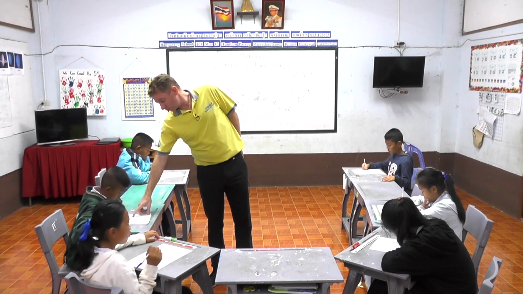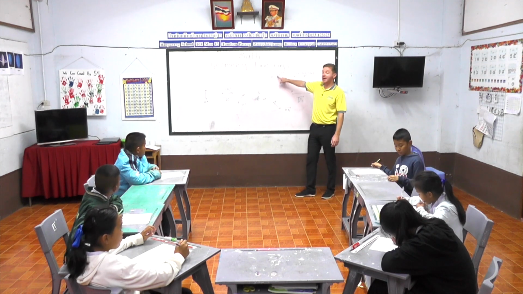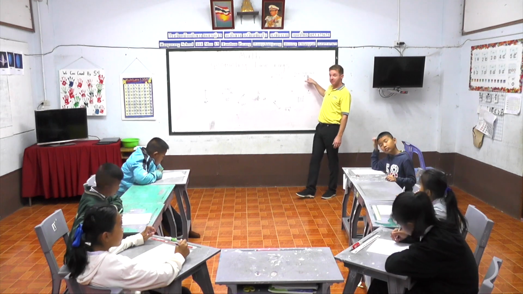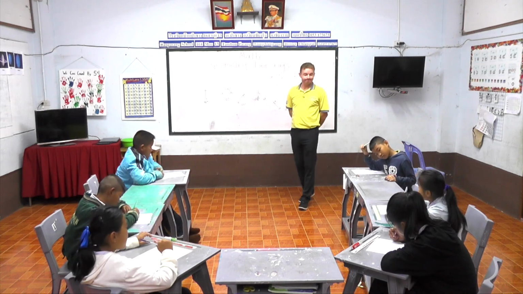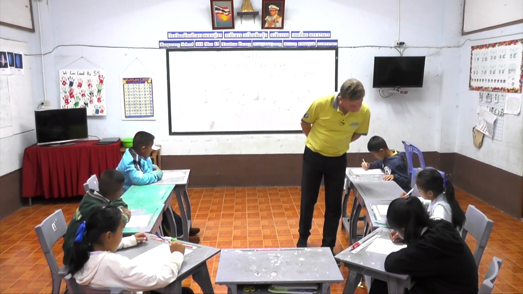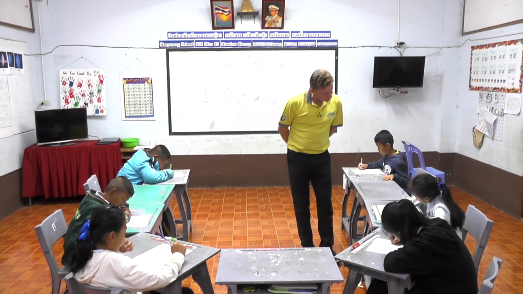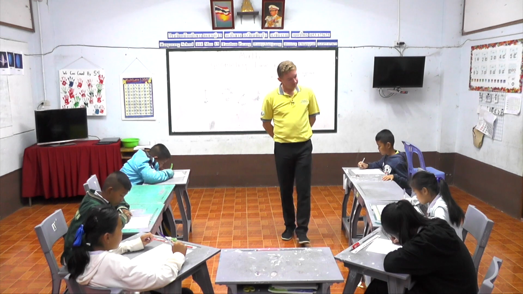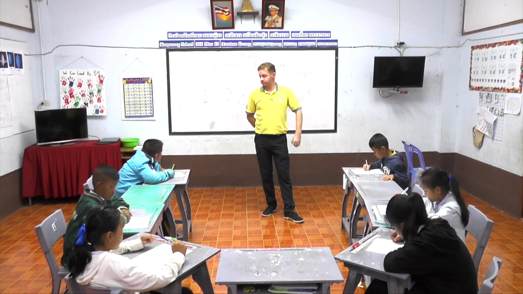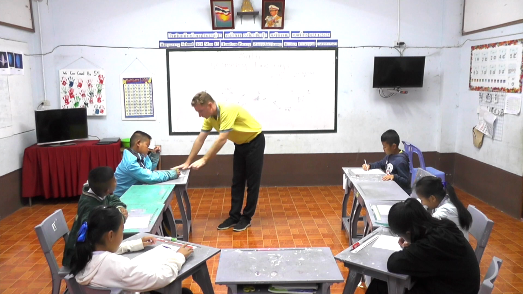So Pat, 2 points, not a line. If it's got 2 arrows, it's a line. But 2 points, line segment. And then this one.